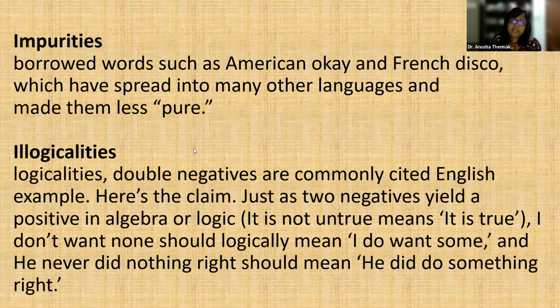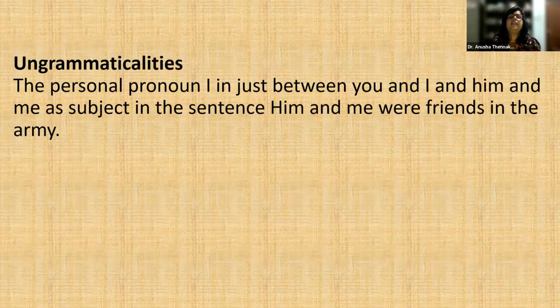And then one more: impurities, illogicalities, ungrammaticalities. The personal pronoun I, as in just between you and I, and him and me as subjects in a sentence: him and me were friends in the army. It's wrong. We can say he and I were friends in the army. That's correct.